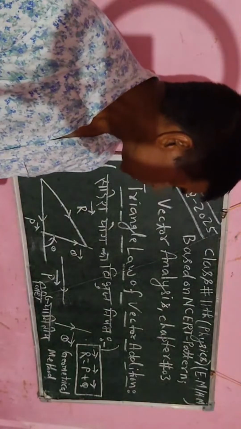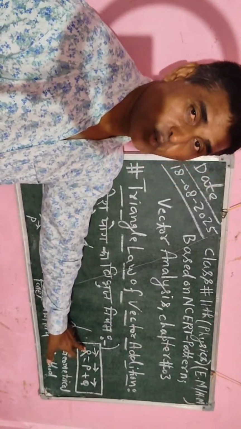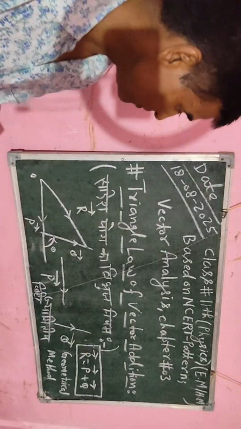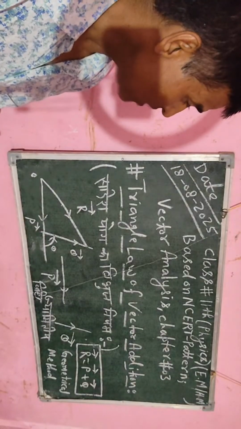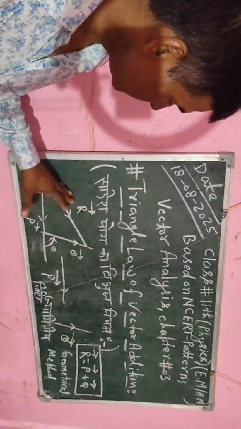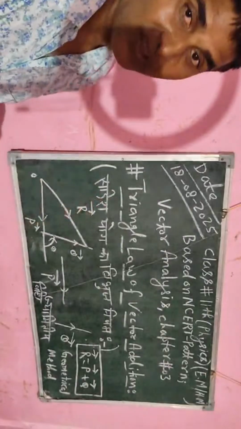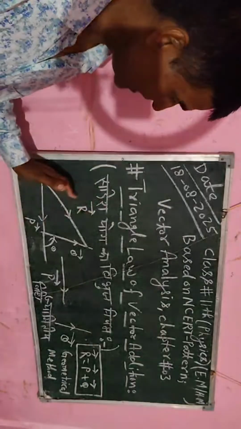So the resultant vector is very important. How to get the resultant of the given vectors and what the magnitude will be is also important. This information I will explain in a systematic way.